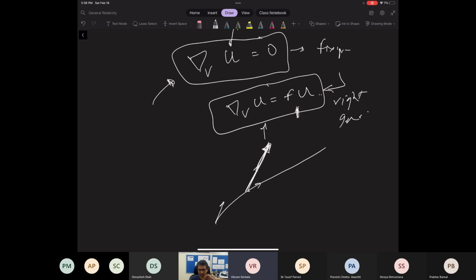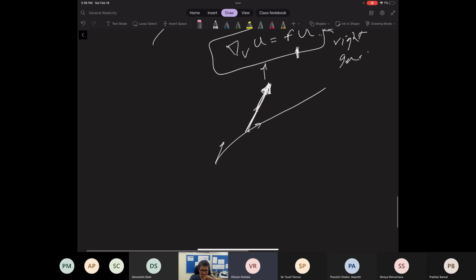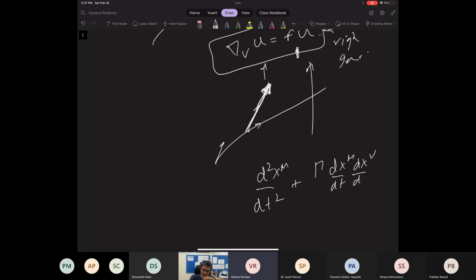So under parallel transport, it is possible to do this. This is the only correct statement which is coordinate invariant. The fact that you can put it in the other form by a reparametrization is a coordinate dependent statement. The fact that you can write it in this form by a change of coordinates is a coordinate dependent statement.